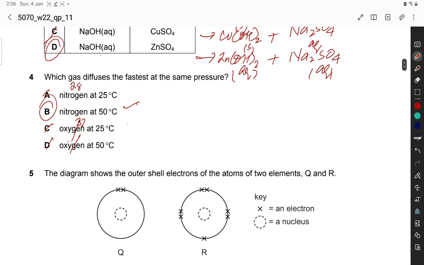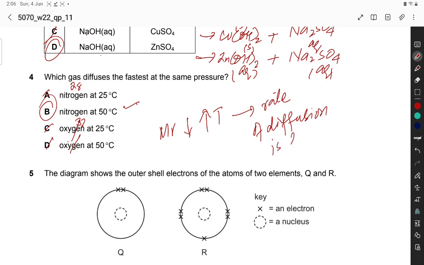Diffusion depends on the temperature as well as the Mr of the compound. The lighter the Mr and the higher the temperature, the rate of diffusion is increased and faster. So nitrogen is the best option.